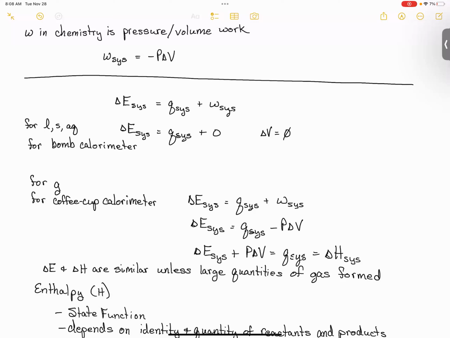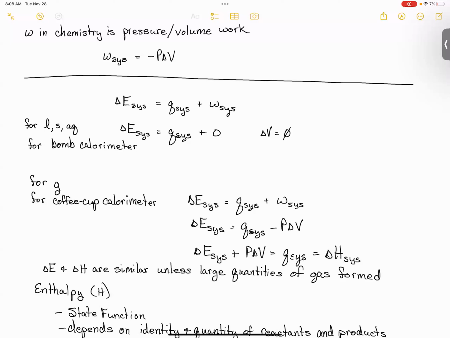That applied pressure is going to cause a change in volume. And so we wind up having to say that the energy of the system is now equal to Q of the system minus P delta V. In other words, we actually have to take into account that work factor when we're dealing with gases, or when you're dealing technically with a coffee cup calorimeter.